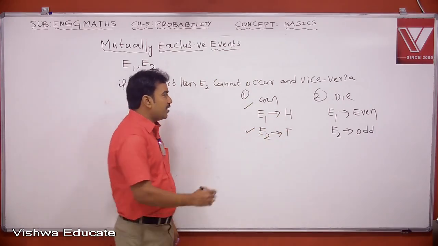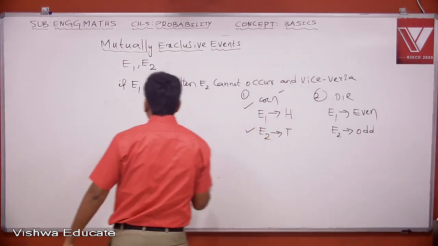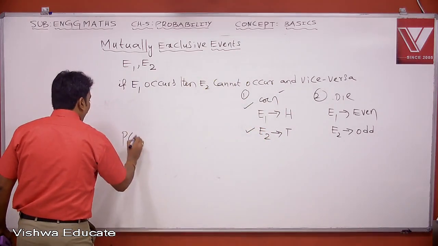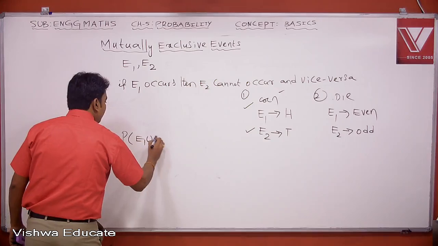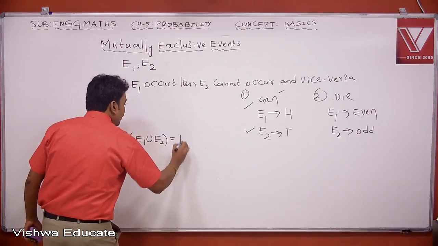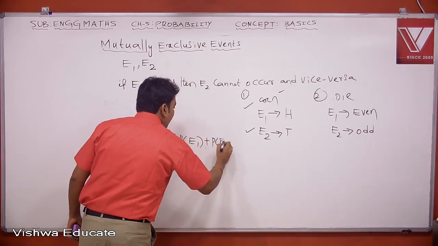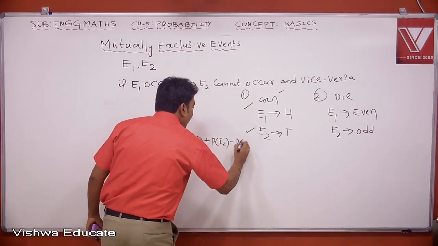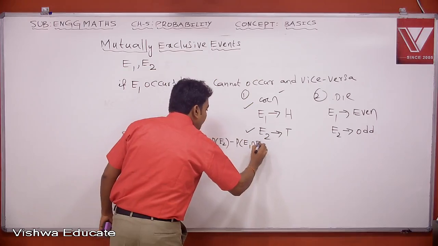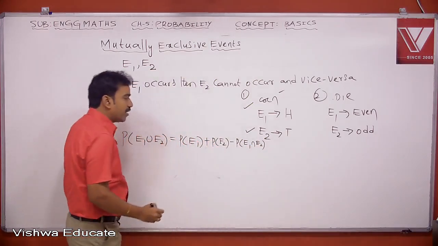Okay. Now in that case, if I write like this, P of E1 union E2, basically this becomes P of E1 plus P of E2 minus P of E1 intersection E2. This is nothing but the addition theorem on probability.